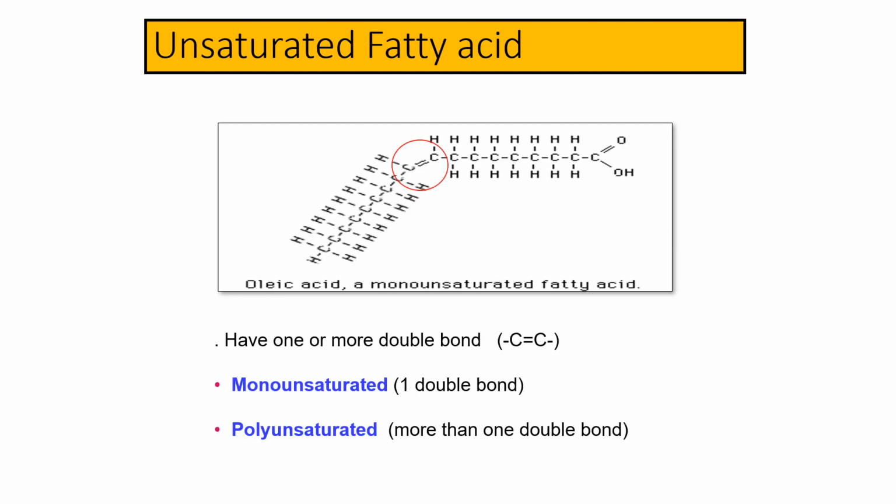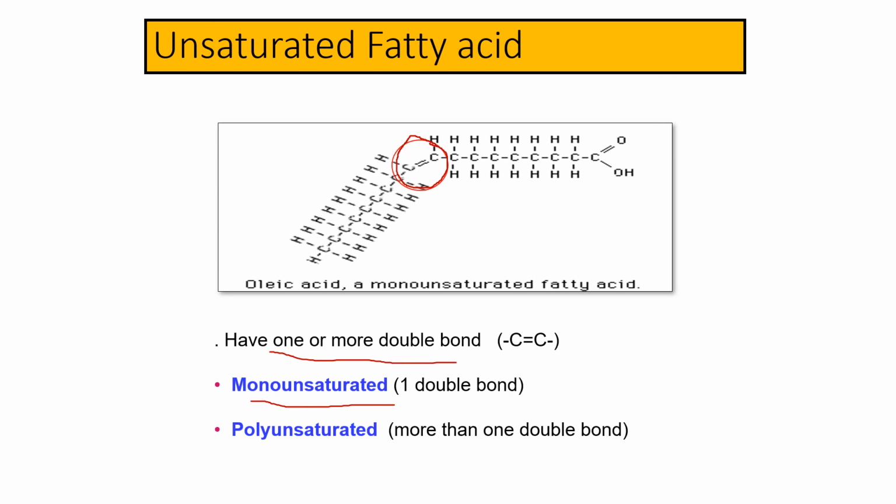Then this is the unsaturated fatty acid. If you can see here, the unsaturated fatty acid has at least one double bond between carbon atoms. So it can have one or more double bonds between carbon atoms. If it has one double bond, it is known as monounsaturated.